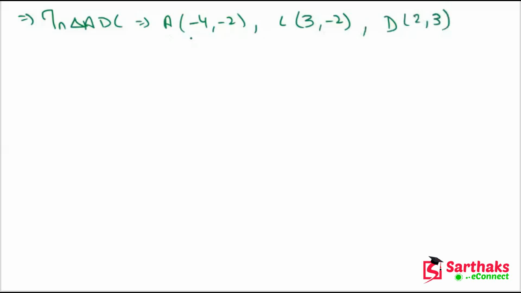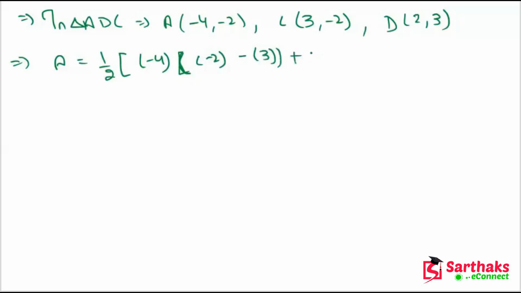By using these vertices, we put these values in the formula and we get -4(-2 - 3) + 3(3 - (-2)) + 2(-2 - (-2)).